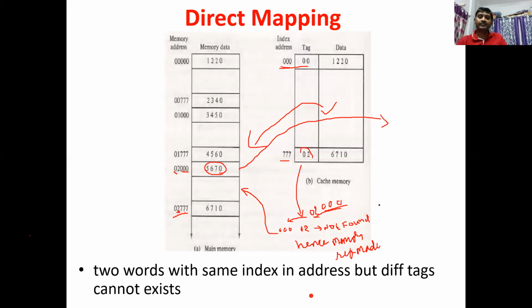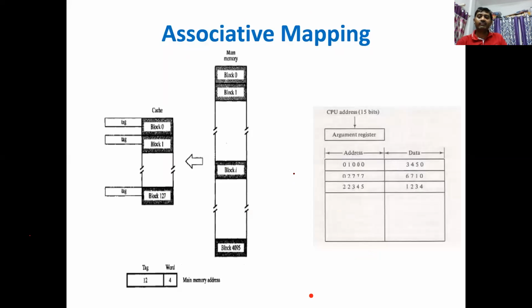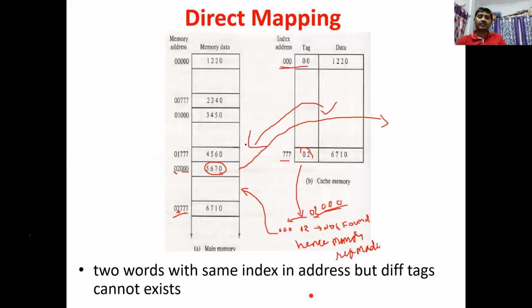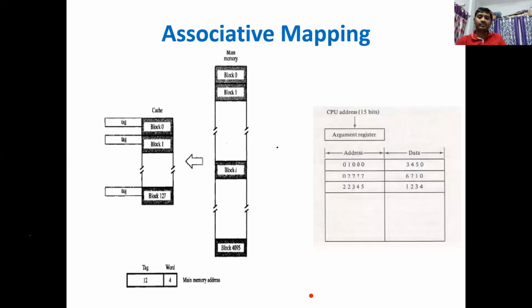The next is associative mapping. Direct addressing is in this way: directly from the main memory it will be stored, so the tag will be here and the block will be here. The data will be taken from this. Coming on to associative, here the address is totally taken into consideration.